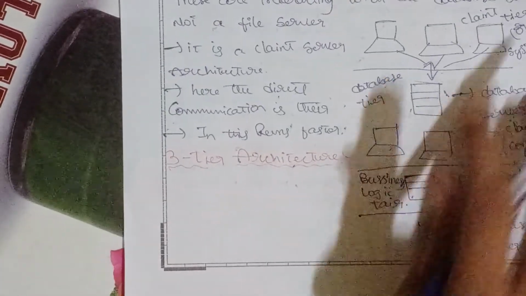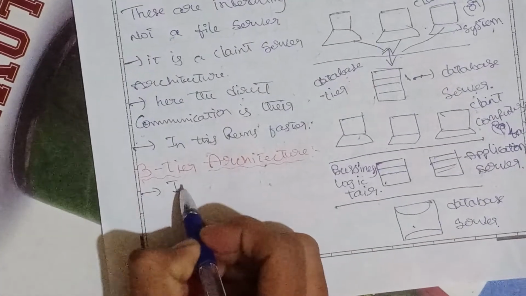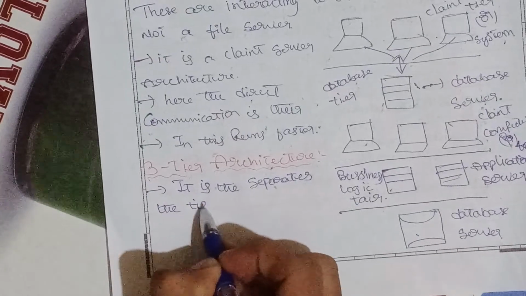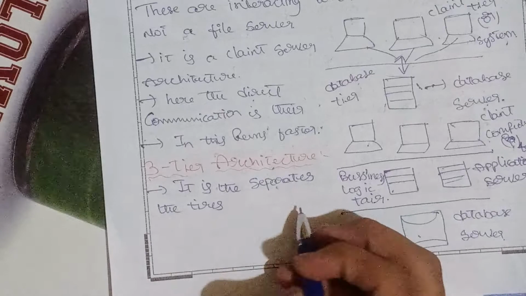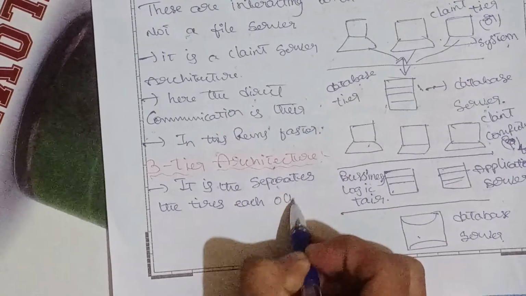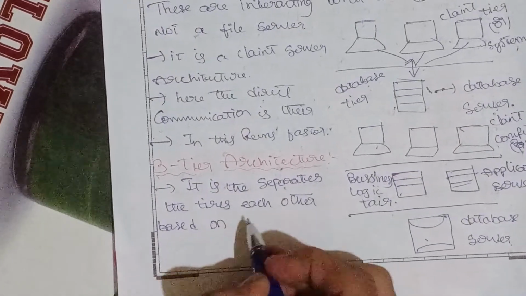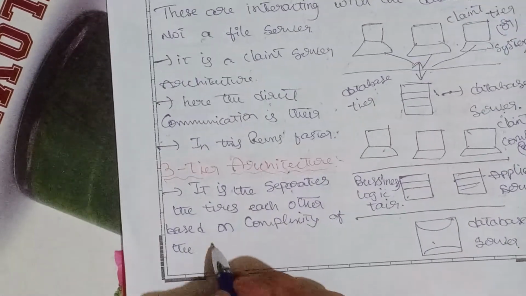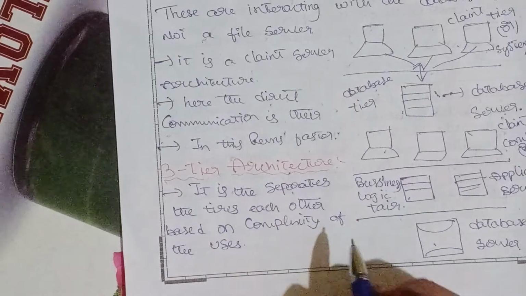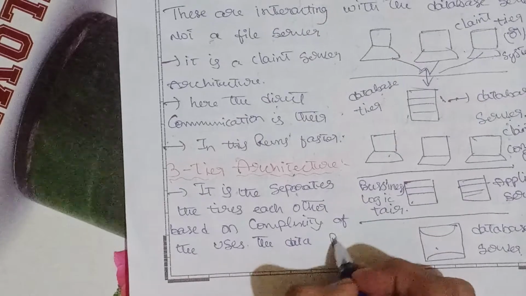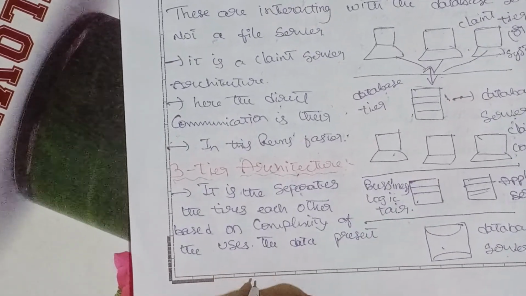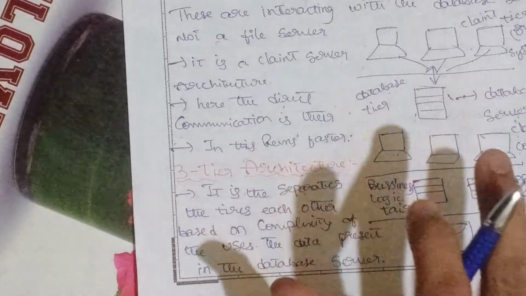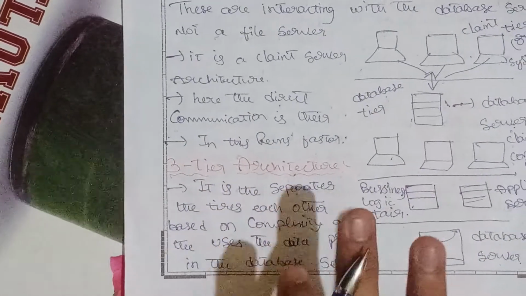Now see the definition. It separates the tiers from each other based on the complexity of the users and how they use the data present in the database server. This is called the three-tier architecture.